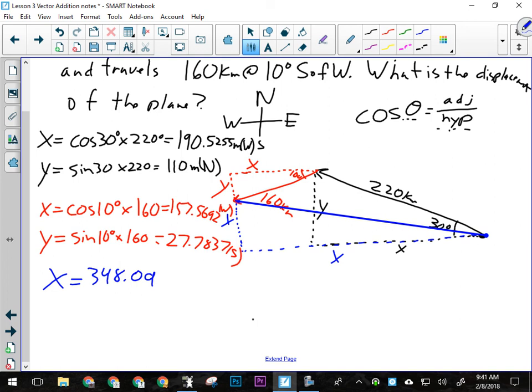All right, then I have to do the same thing for y, except one of them is south and one of them is north, so really I'm either adding a negative or I'm subtracting, whichever makes more sense to you. Mathematically, it's the same thing. Okay, so for y here, we're going to take our 110 and we're going to subtract our 27 to get our overall y.